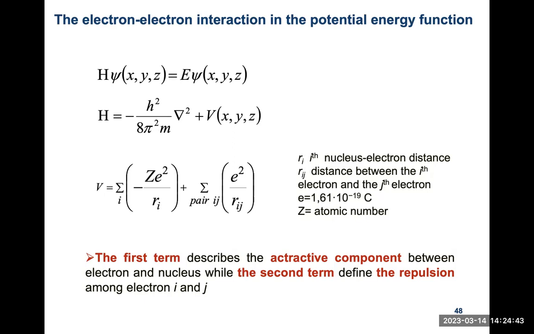So that's in V, minus Z e squared over r_i. Here r_i is the distance to the center of the nucleus, Z is the atomic number, the number of protons, and e squared is the electronic charge squared. And then sum over pairs i, j, that means sum over all the electron-electron interactions, however many you have. And this is the Hamiltonian, which you then solve the Schrödinger equation for.